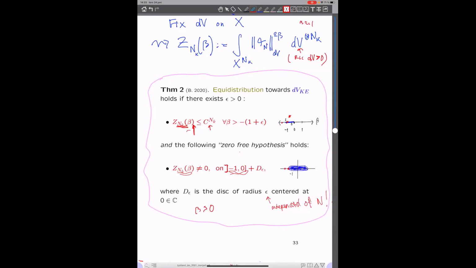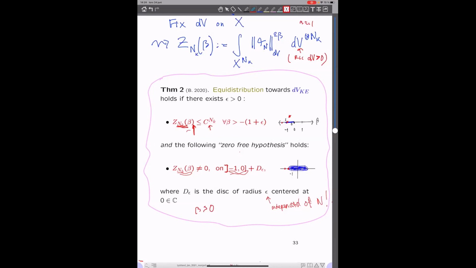Somehow it grows like some constant to the power n, which is the sort of natural thing to expect because we have n factors over which we're integrating.